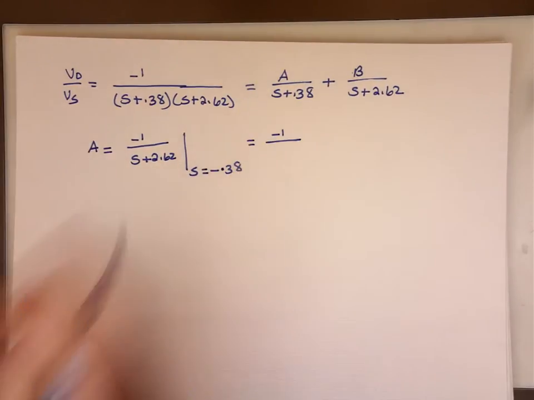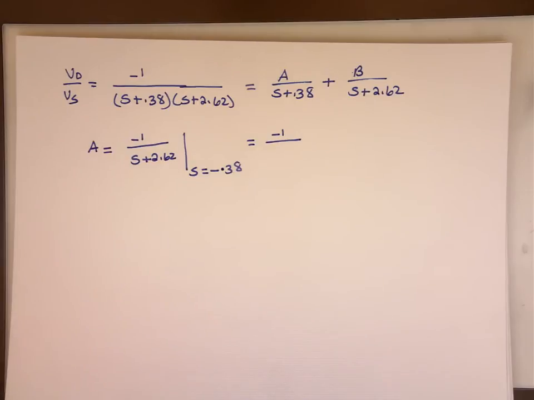And there's my calculator here. So 2.62, oh, wait a minute. I forgot, I gotta go to calculator first, okay. 2.62 minus 0.38, and it's 2.24.